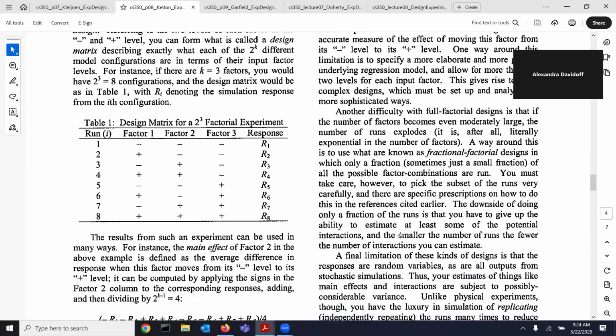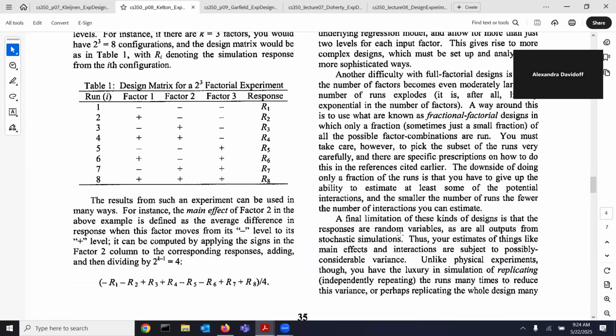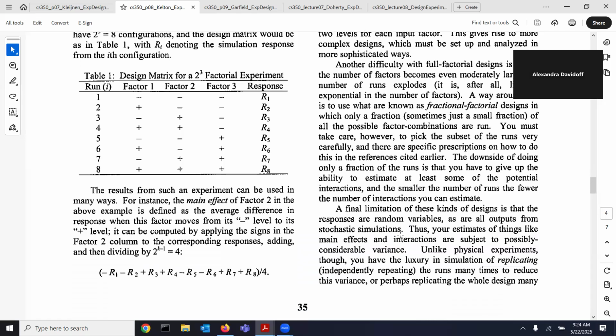Then he starts asking these questions of, oh, wait, the main effect in factor 2 is defined as the average difference in response when this factor moves from its negative to its plus level. So we're looking down here, R1 minus R2 plus R3 plus R4 minus R divided by 4. Well, what's happening there? Well, if you look at factor 2, it signifies the positive and negative.